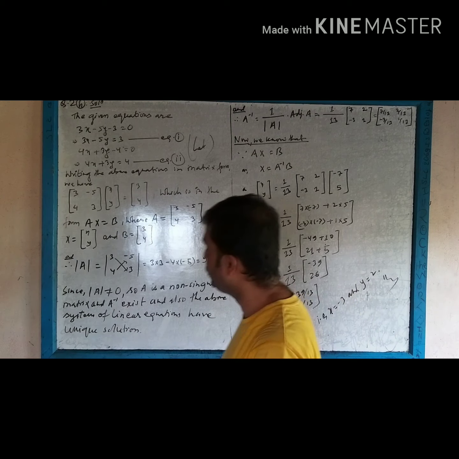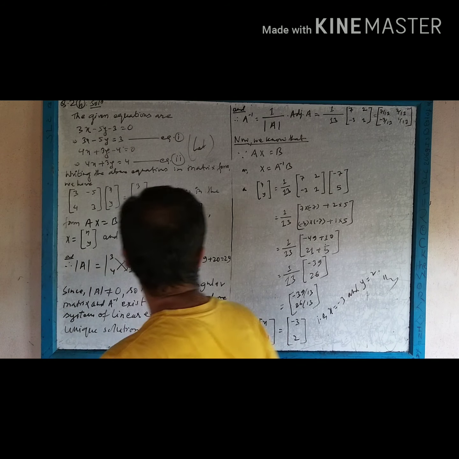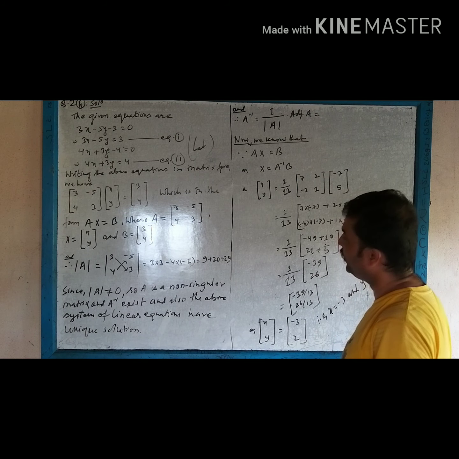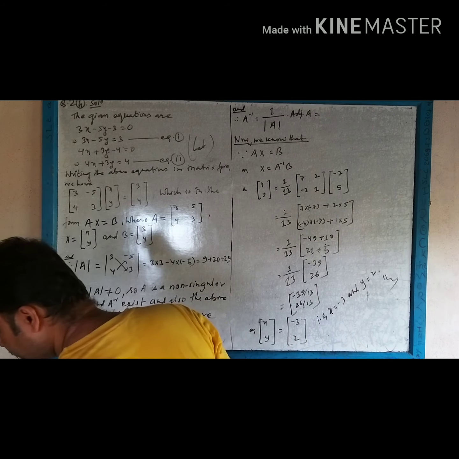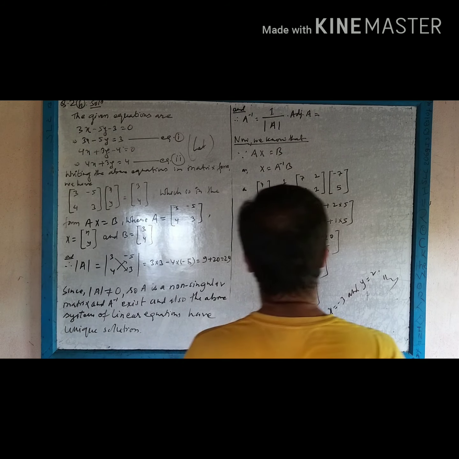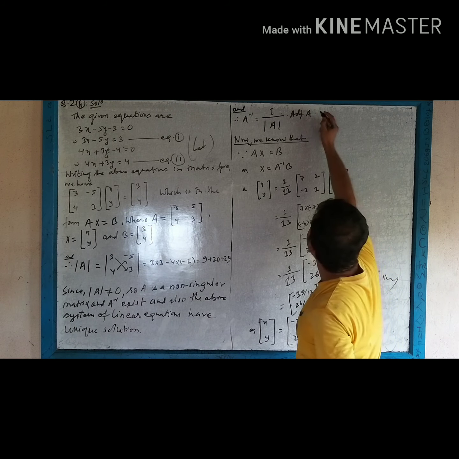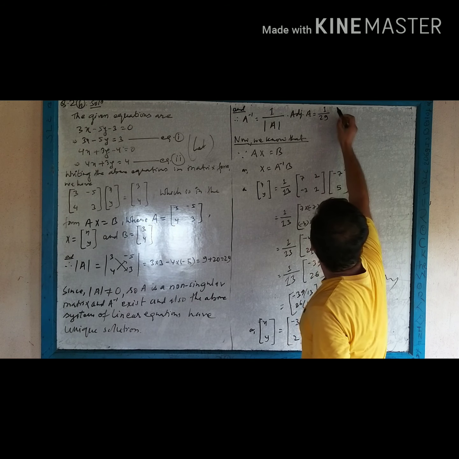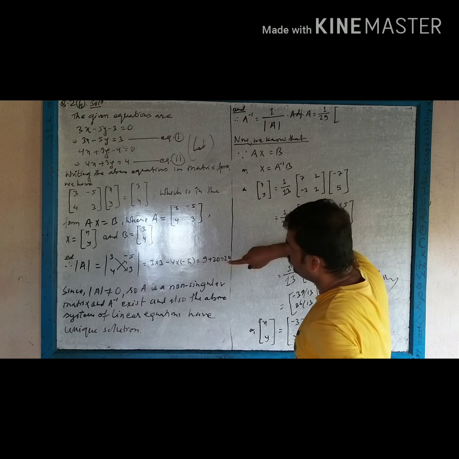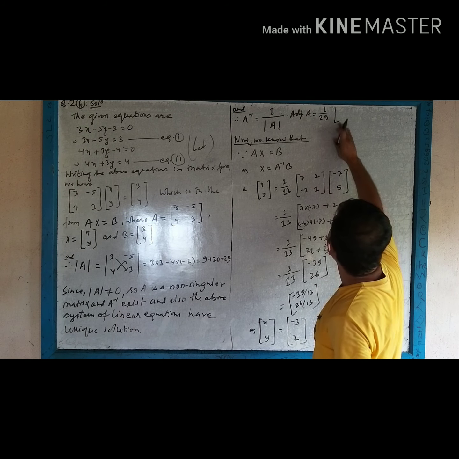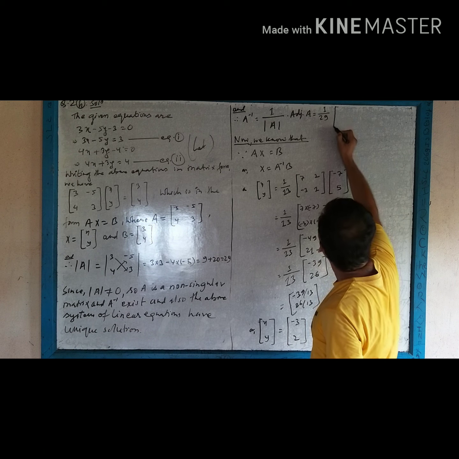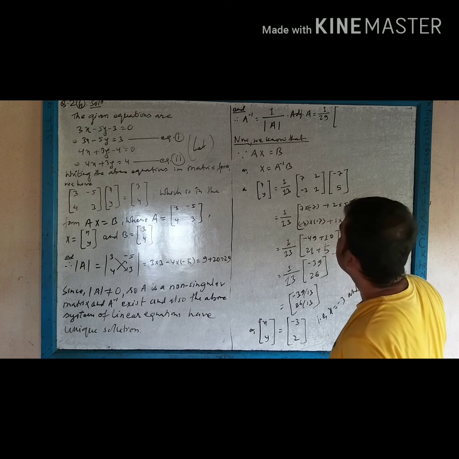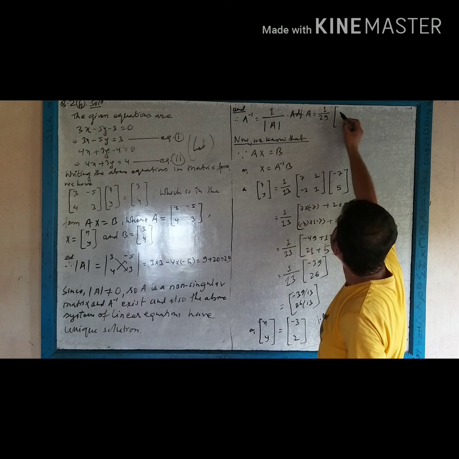So let's find now what A inverse is. It is 1 by 29 times the adjoint of A. For the adjoint, the diagonal elements change places: it is 3, it is 3.